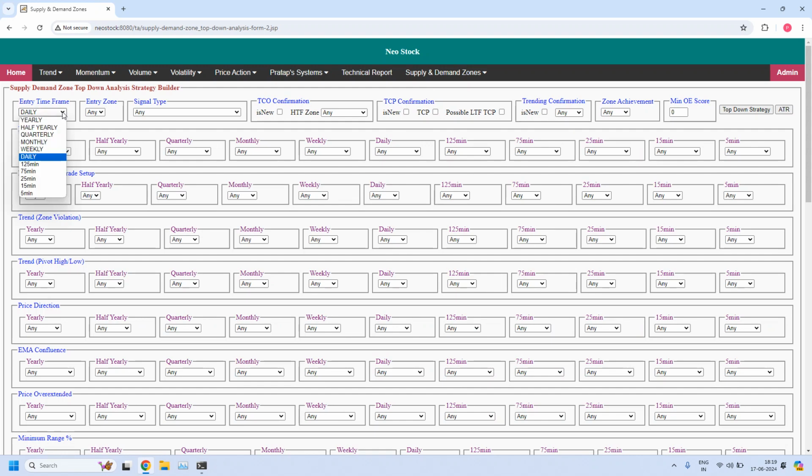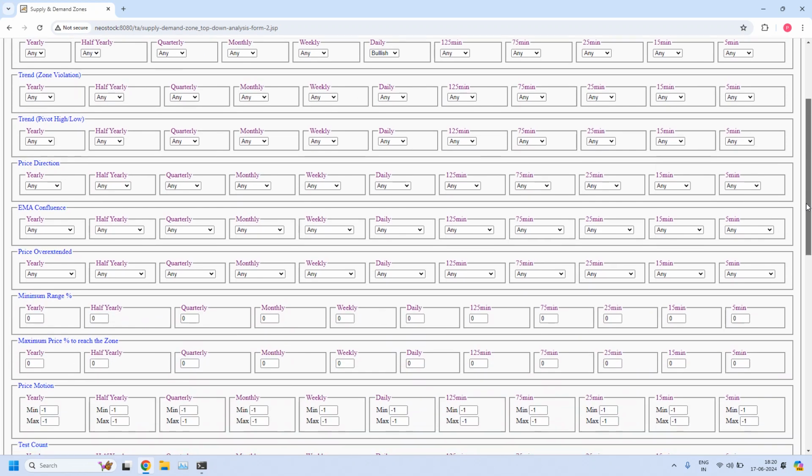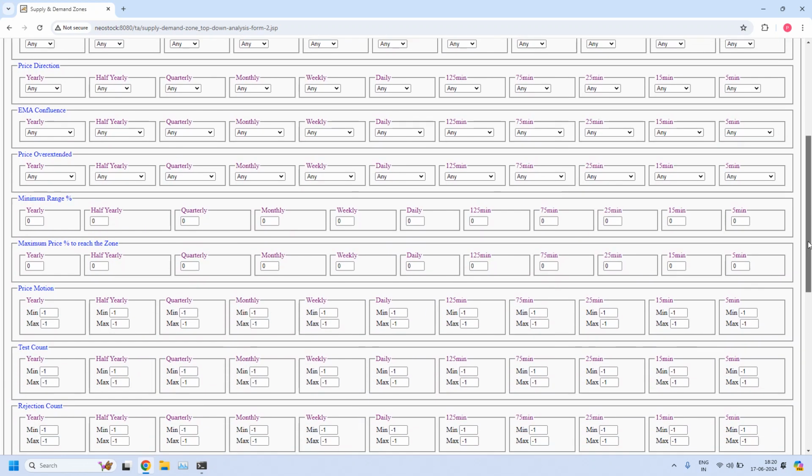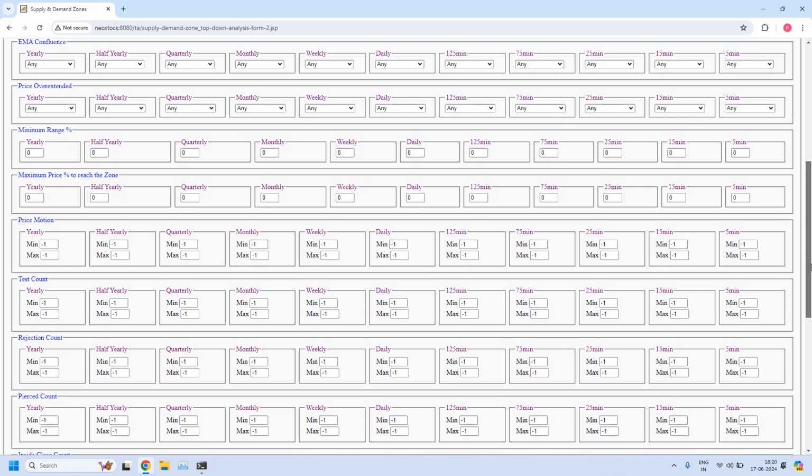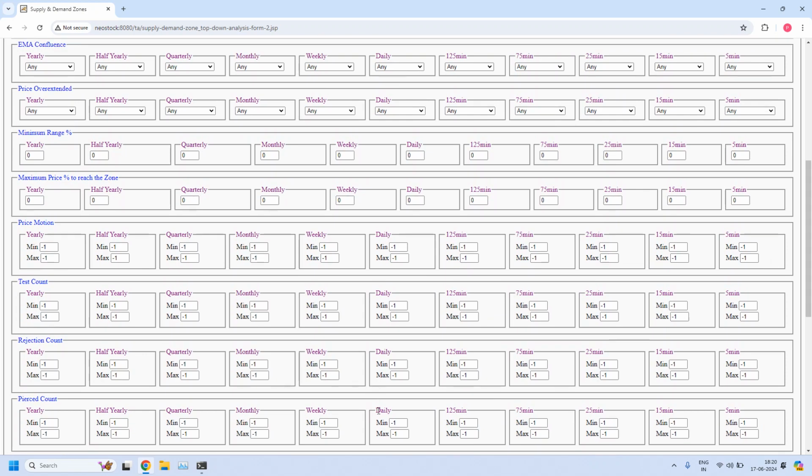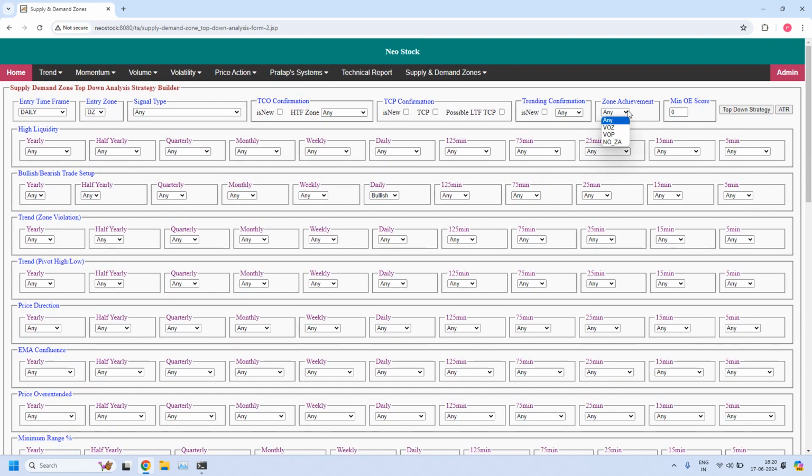So monthly income trade entry time frame daily, I am selecting bullish trade setup demand zone and bullish or bearish trade setup daily time frame. Selecting bullish, don't want pierced zones, so I am setting pierced count in daily time frame, minimum value 0, maximum value 0, and zone achievement should be violated opposing zone, minimum odd enhancer score should be 12.